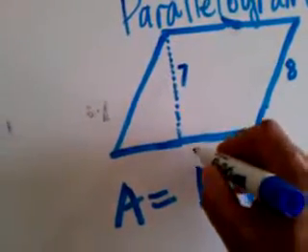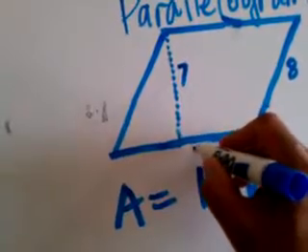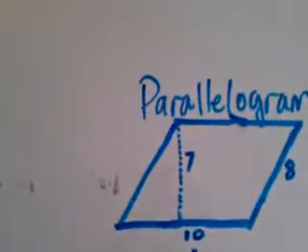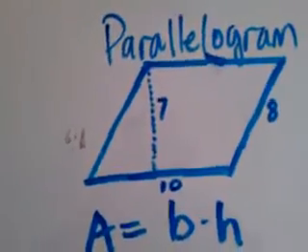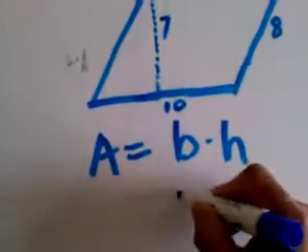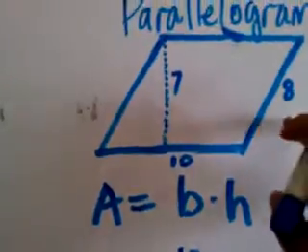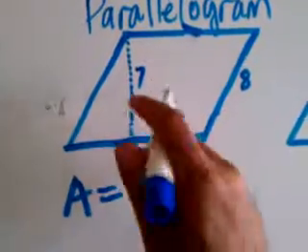That this base right here is 10. Well, I know what the base is. The base is going to be 10. But which one is my height? Is my height 8 or is my height 7?